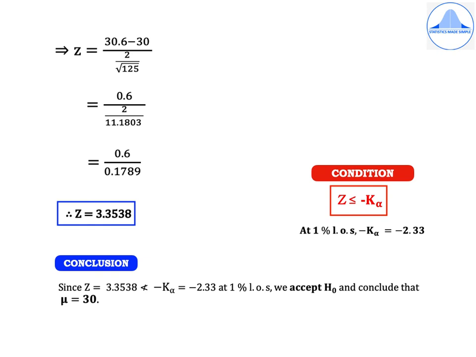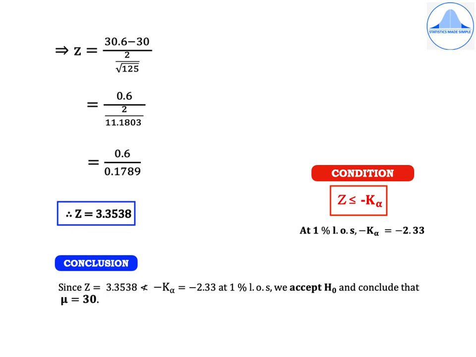Substituting the values in the test statistic, we get Z equal to 30.6 minus 30 divided by 2 divided by root 125, which is equal to 0.6 divided by 2 divided by 11.1803, or we get Z equal to 0.6 divided by 0.1789, which gives the final value of Z as 3.3538.